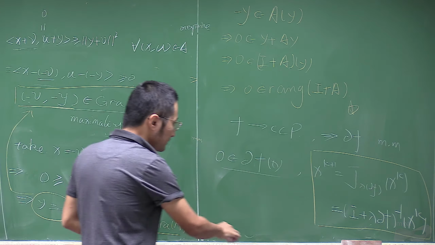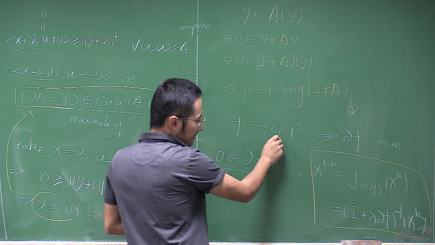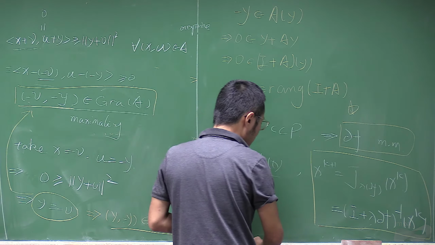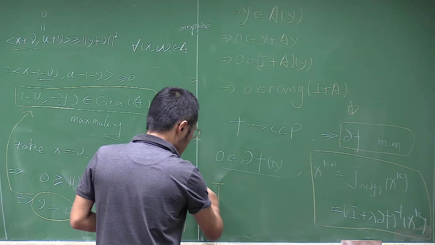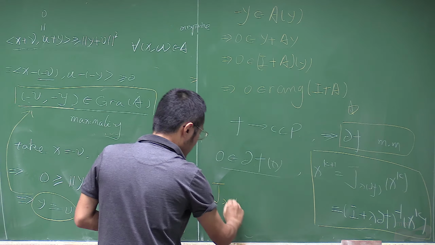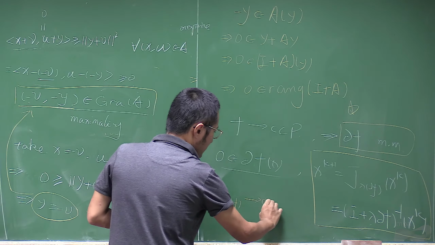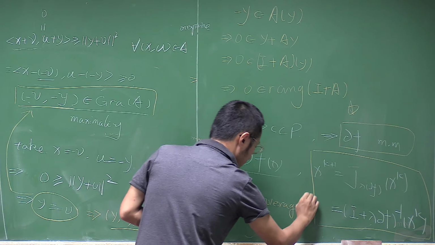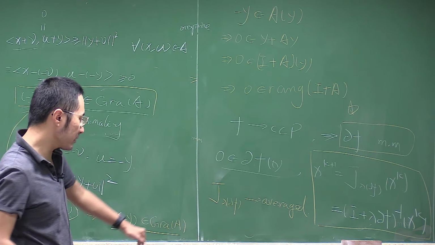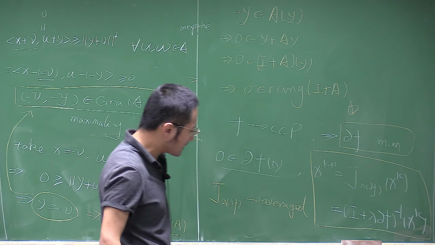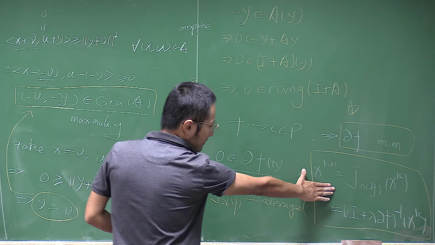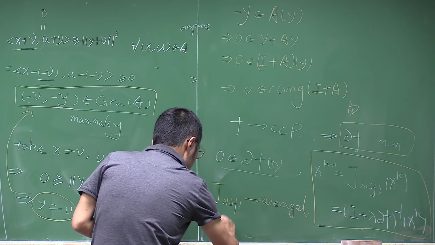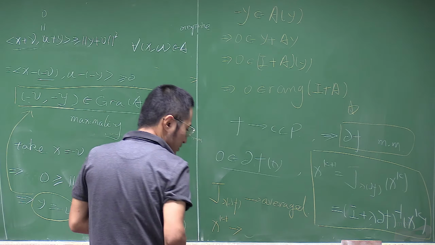We continue here. Since f is CCP, the subgradient is maximal monotone. We immediately get that the resolvent of the subgradient of f is an averaged operator. So we say that the sequence generated by this iteration converges.